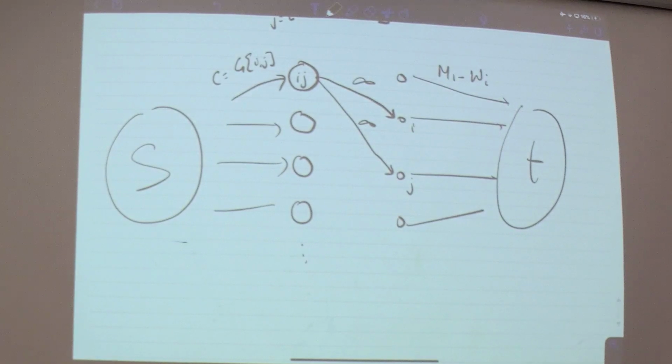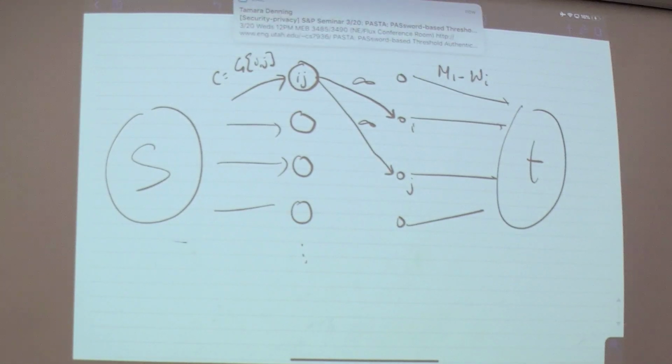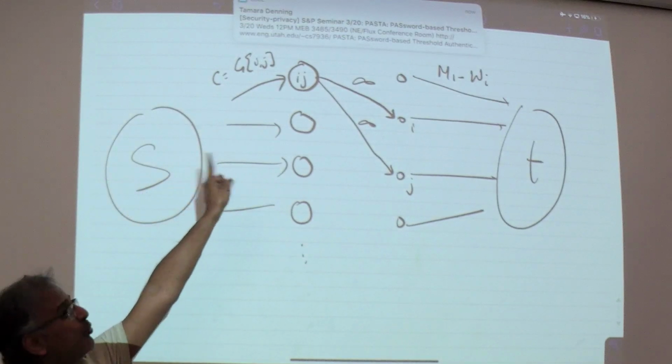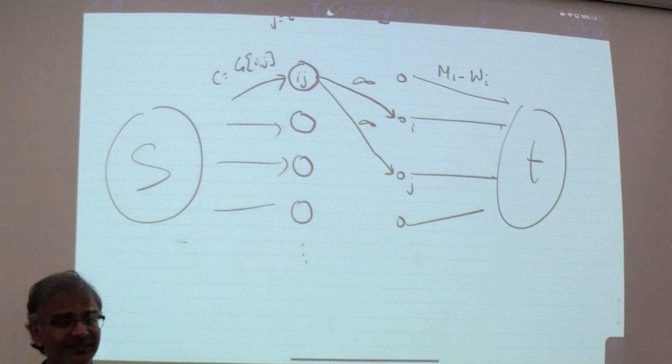Could you explain again why you have the infinity flow from ij to i or j? Because the number of wins of i or j should be less than gij. Yeah. You're right that technically I should put it as gij, but I also want to point out that even if you made it infinite, the total amount of flow that can come in there is only gij, because that edge has one thing coming in and two things coming out.